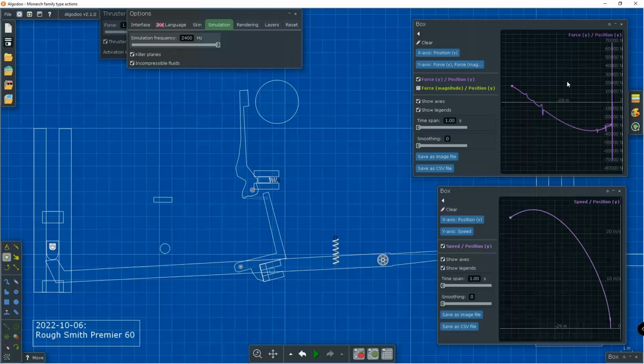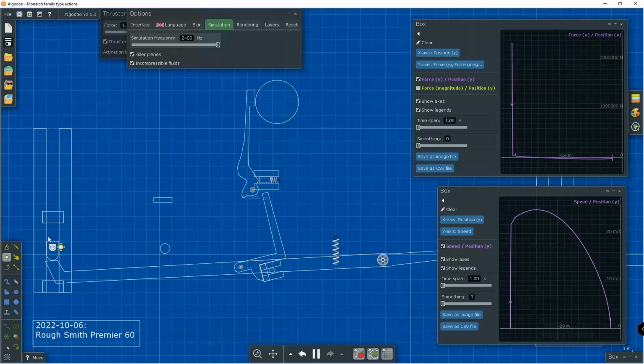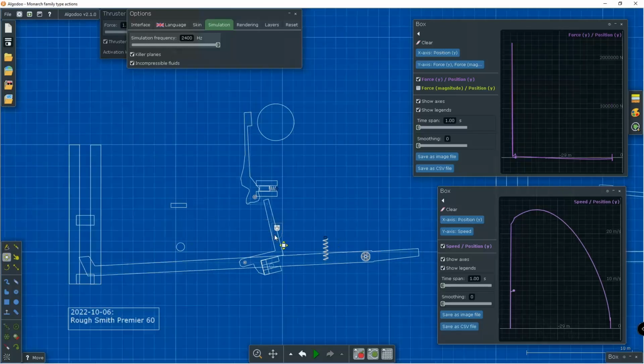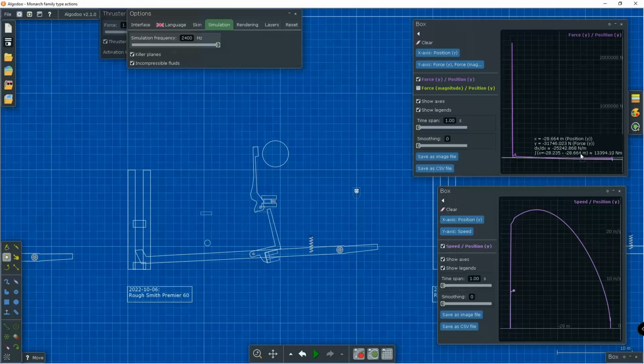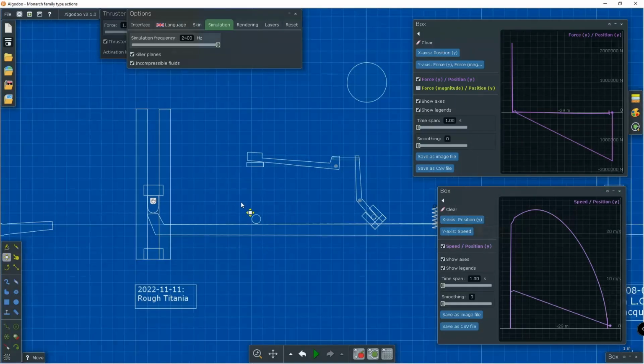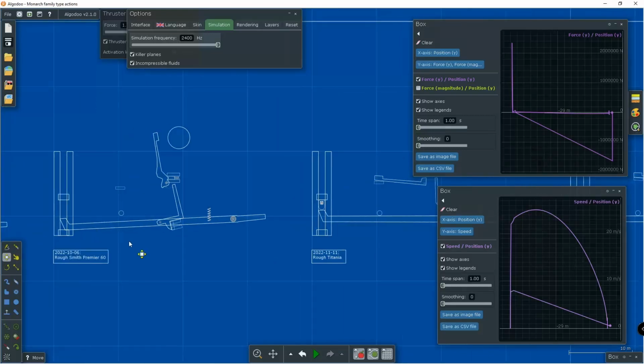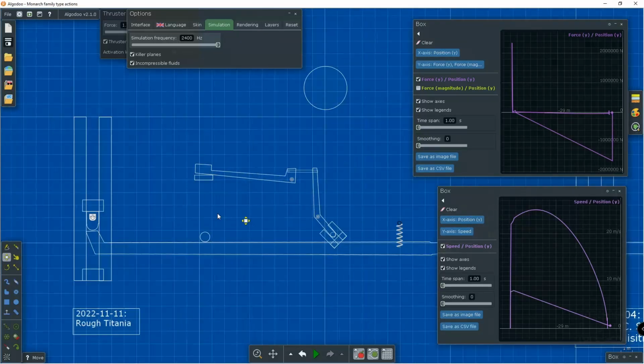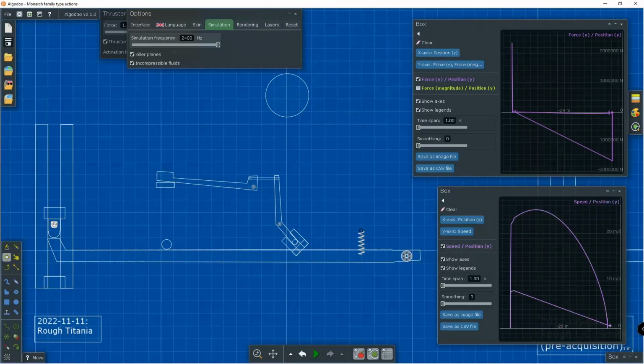So technically, the Smith Premier here shares more in common with the Corona number 3 force curve because of its going like bowing and then kind of linearizing. Then I recently was able to find a photo of the type action of the Titania.